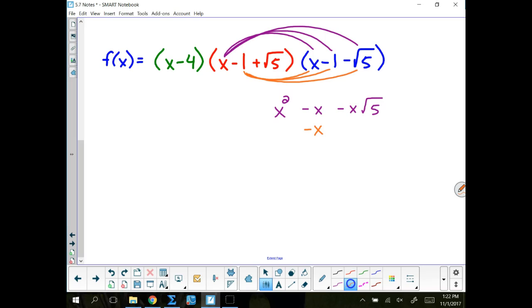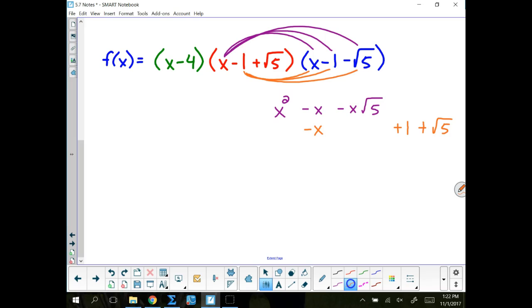But now +1, I don't have a column for just numbers, and plus the square root of 5. Pause for the cause here. Do you see how I got that line? Yes?